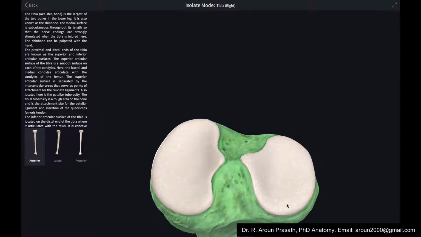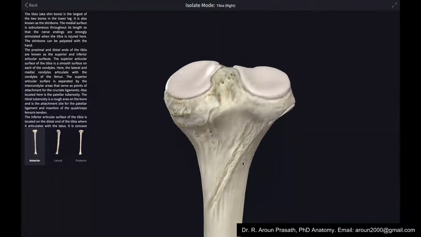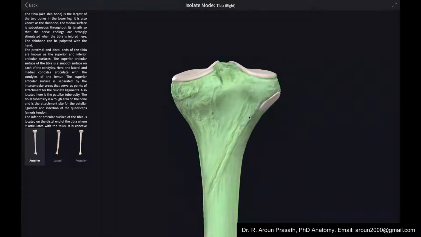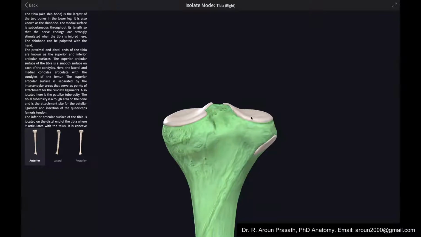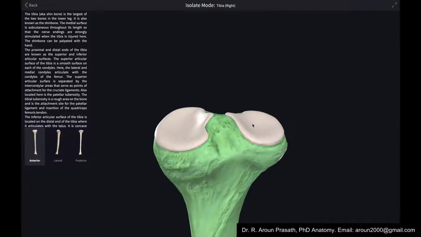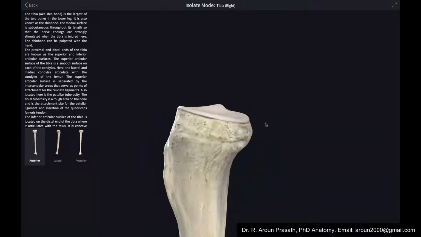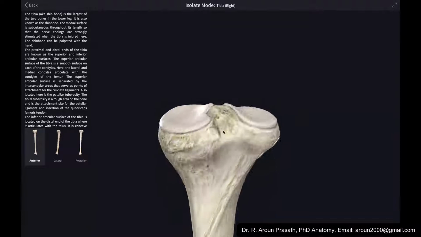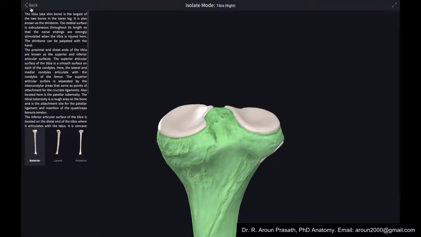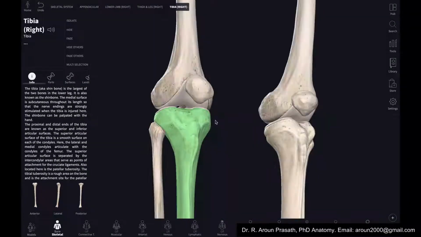This tibial plateau is covered by hyaline articular cartilage, and between the two condyles there is a small elevation called the intercondylar tubercle, which gives place for attachment of the cruciate ligaments.